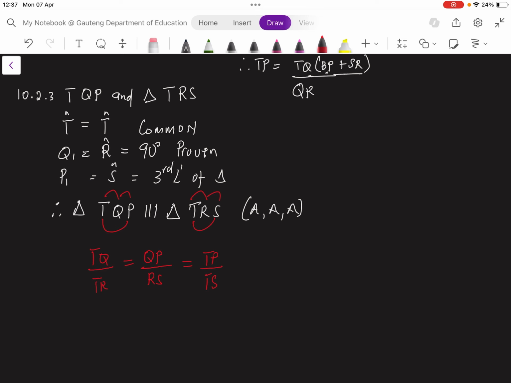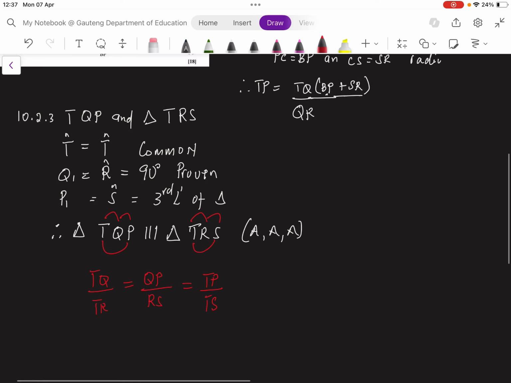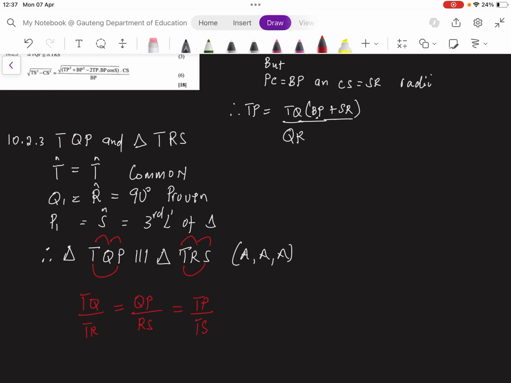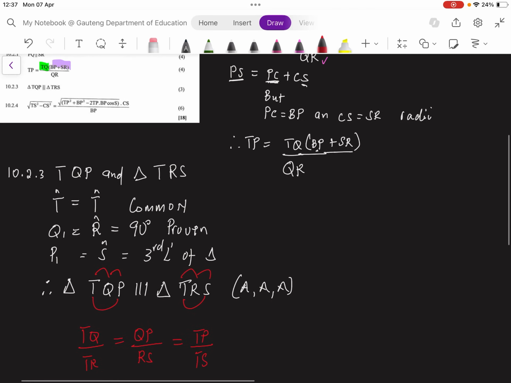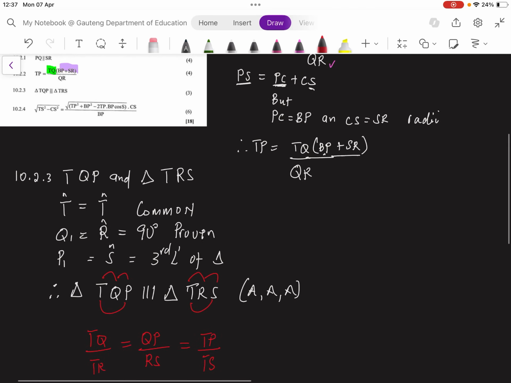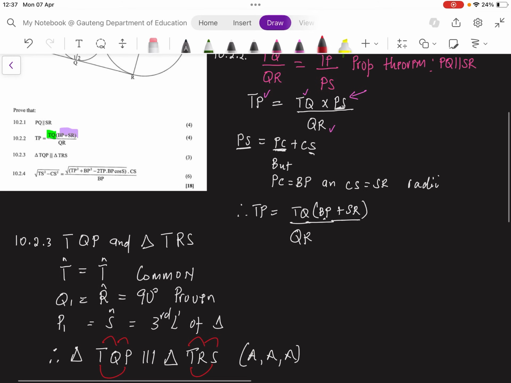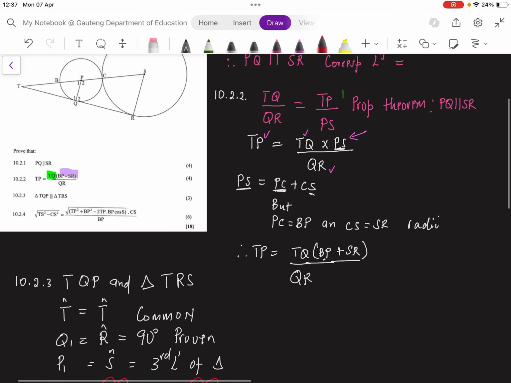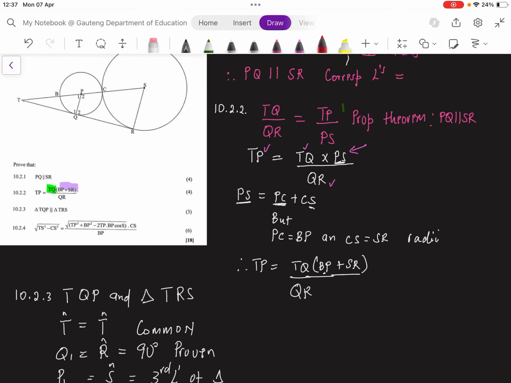So every time after you have proved that triangles are similar, it is very important to write the sides that are in proportion. Okay, let's move to the next question. Question 10.2.4.